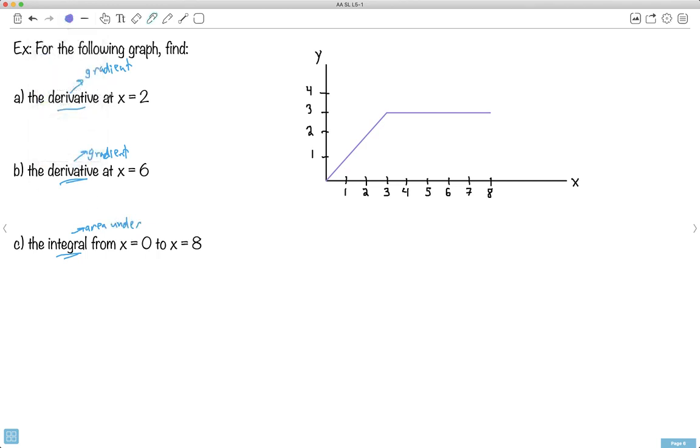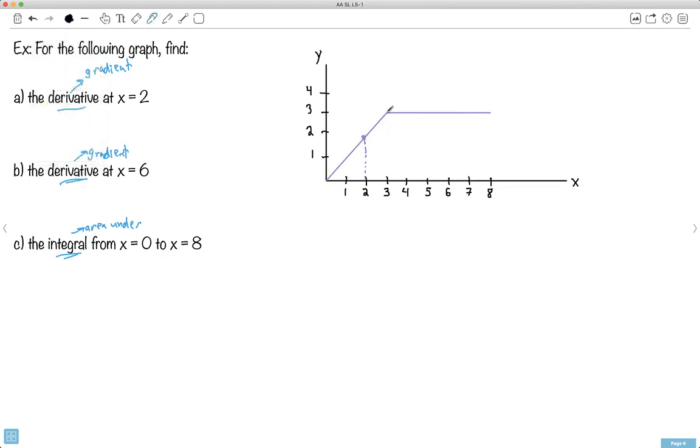If I want the gradient at x equals 2, well, at x equals 2, what's going on? At x equals 2, do you notice we're at this point right here, whatever that is? I don't care about the actual point. I care about the slopiness of it. Do you see we're on this part of the graph here? I just need to know, what's the gradient of this line? Well, to do that, I can just find any 2 points.